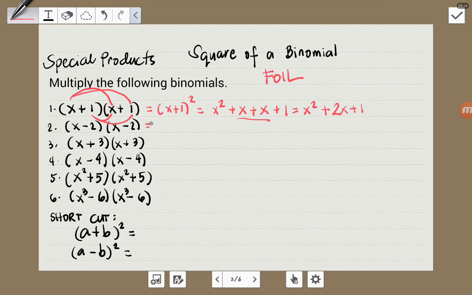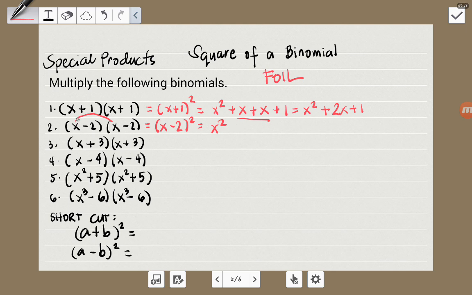So, for number 2. Let's have x minus 2 times x minus 2. That is x minus 2 quantity square. Using FOIL method again, multiply first terms: x times x, that's x square.